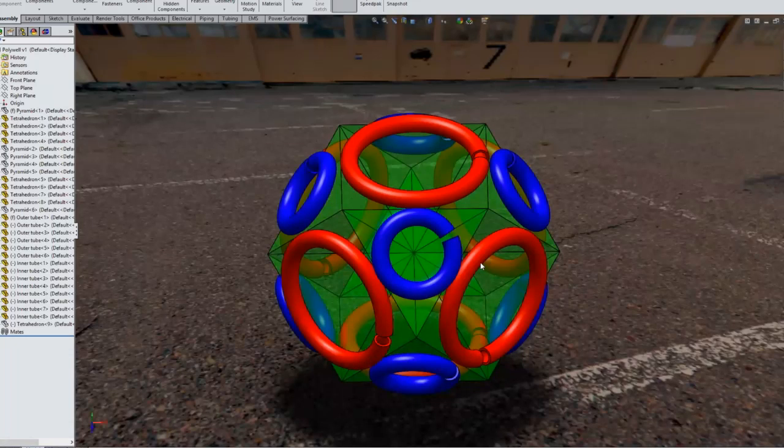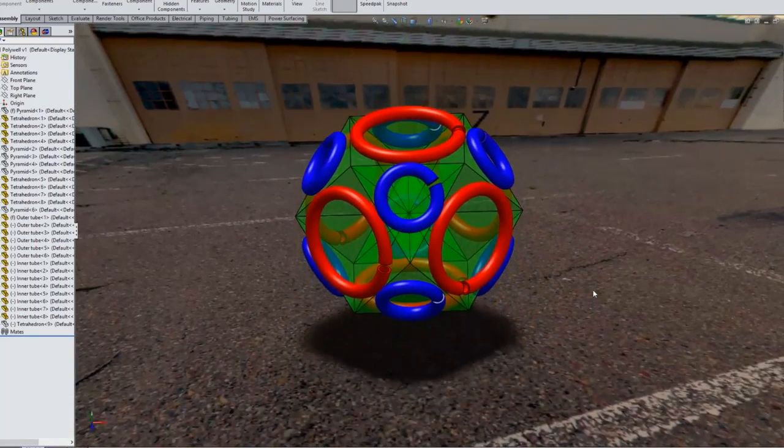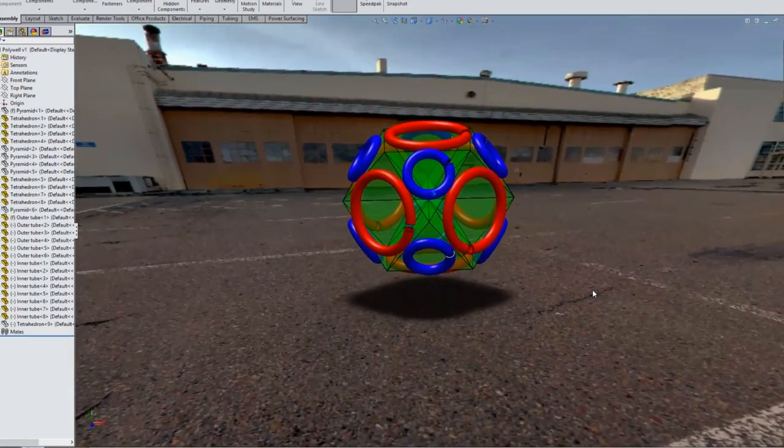So you could do different materials, different gases to create that imbalance. So it's interesting.